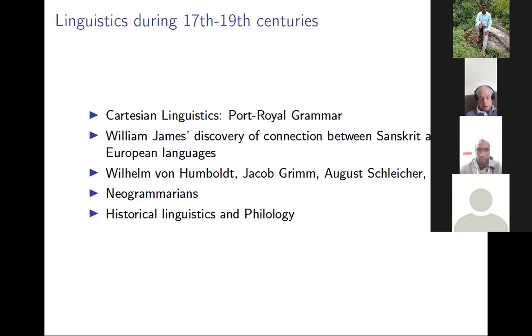So coming to the early modern period, these are a few things that we should know about. There was Port-Royal grammar in France. This was a Cartesian school, based on Descartes' rationalistic principles.